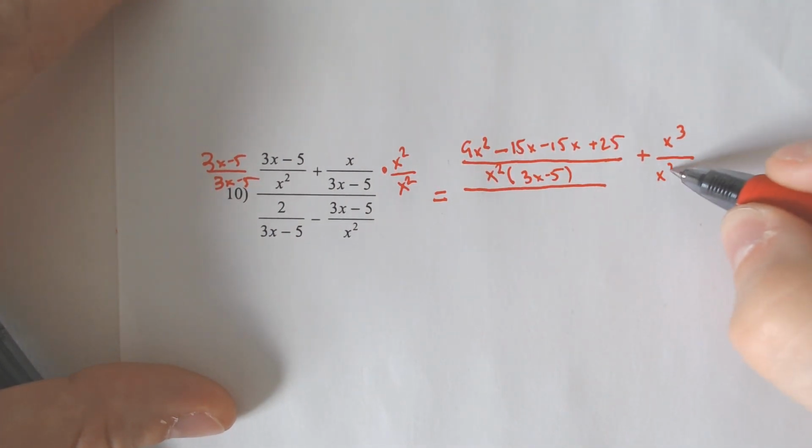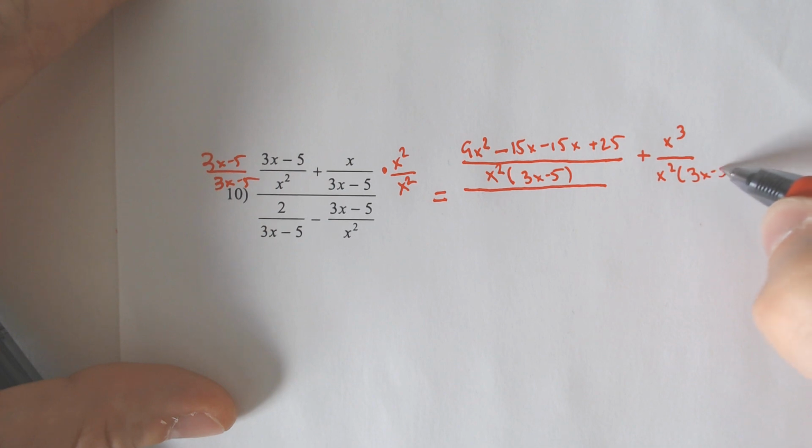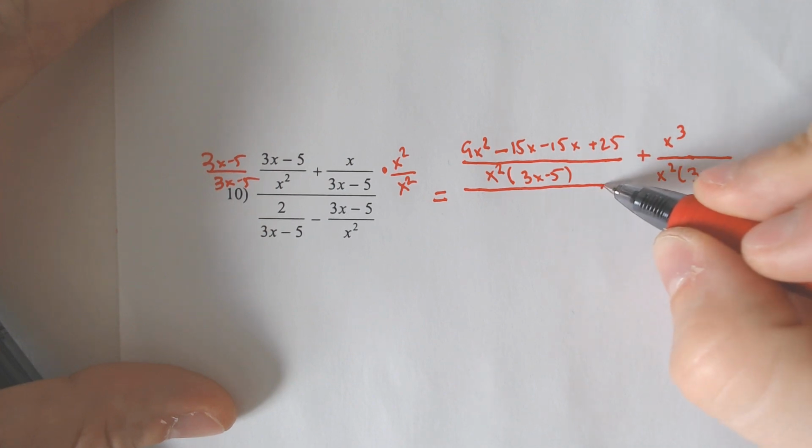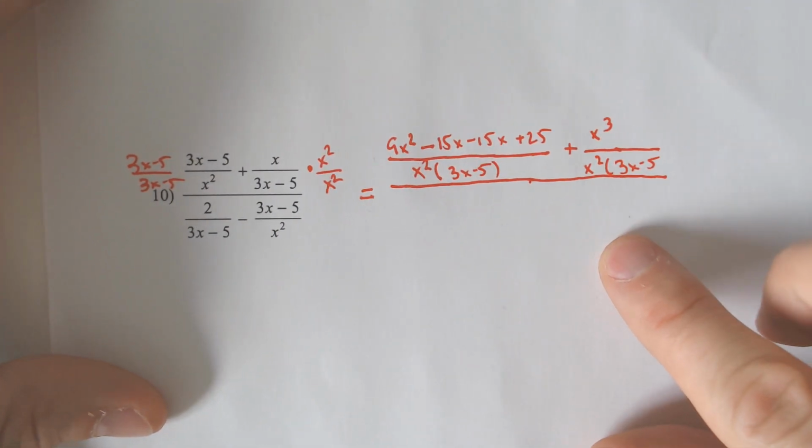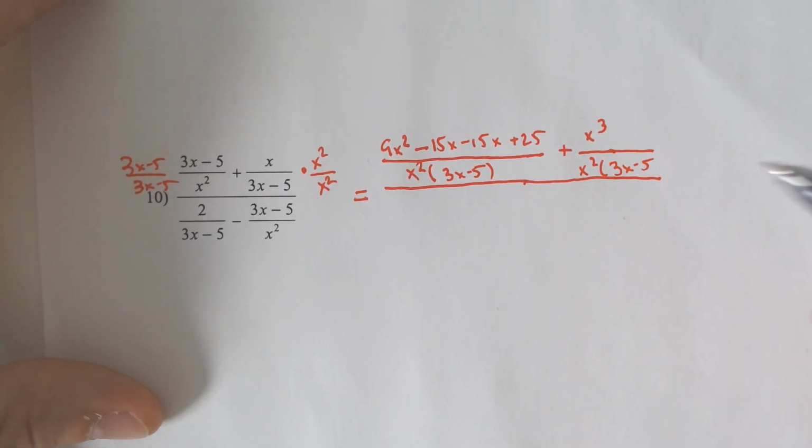And this would be over an x squared and a 3x minus 5. Again, we haven't done a single thing to the bottom of the fraction, so I'm leaving that blank. Just doing the top right now.